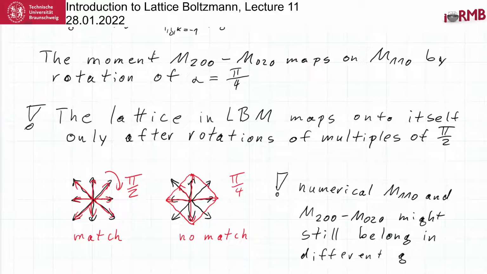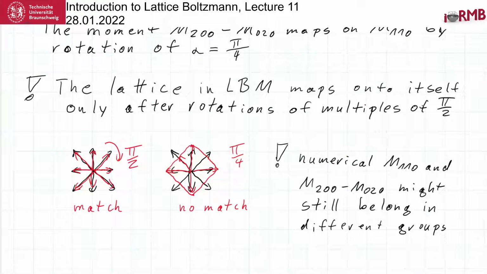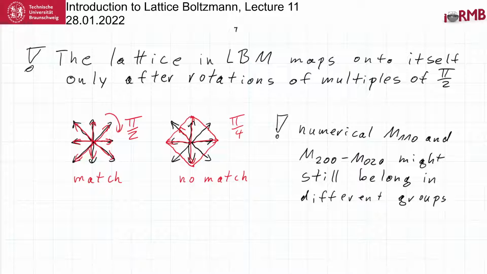However, because there is an anisotropy of the lattice, it may actually be possible or necessary to relax them with different rates in order to use the one anisotropy to cancel out the other anisotropy. But this is a very advanced topic. I just wanted to mention that there is this possibility. For us, this possibility is not important right now.